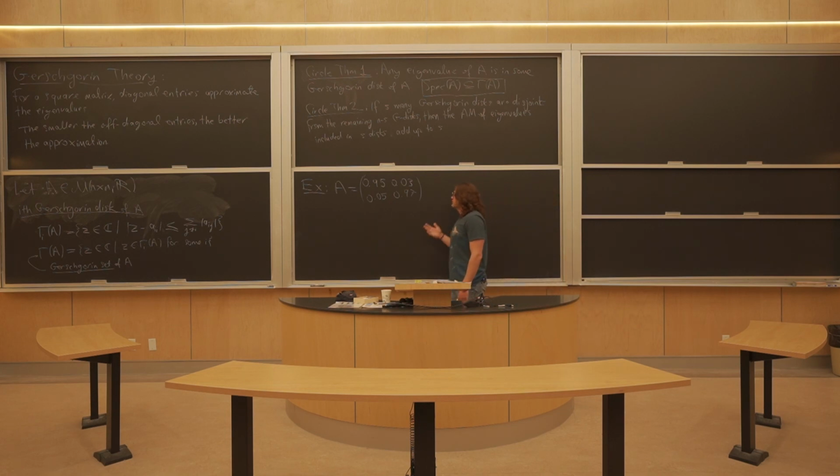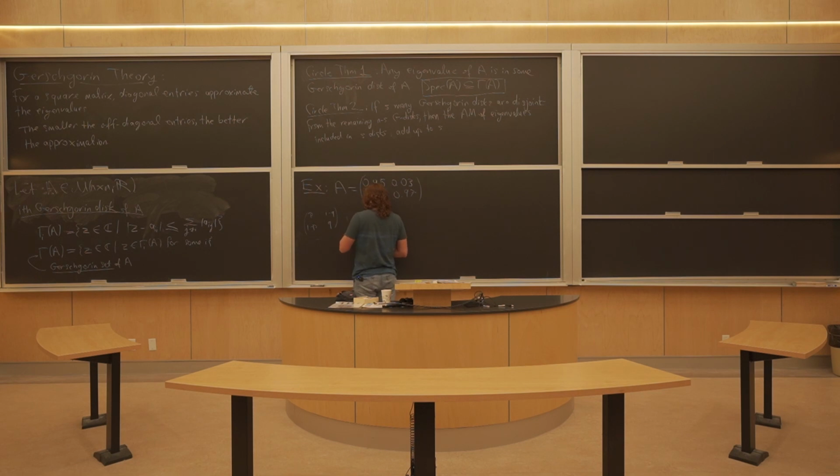And of course, I can compute the other eigenvalue as well. You've actually computed this in one of the previous problem sets. This is a matrix of the form P, 1 minus P, Q, 1 minus Q. You computed, for instance, the spectrum of this. One of the eigenvalues is 1.